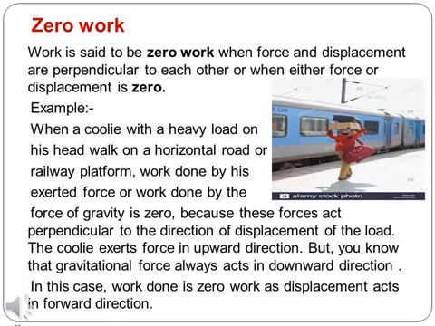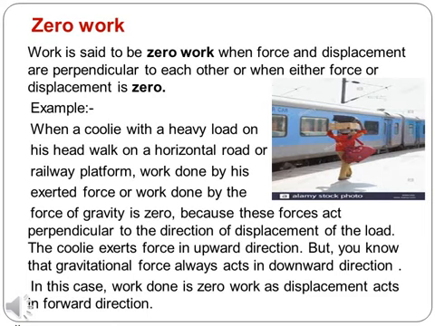For example, when a coolie with a heavy load on his head walks on a horizontal road or railway platform, work done by his exerted force or work done by the force of gravity is equal to zero, because these two forces act perpendicular to the direction of the displacement of the load.